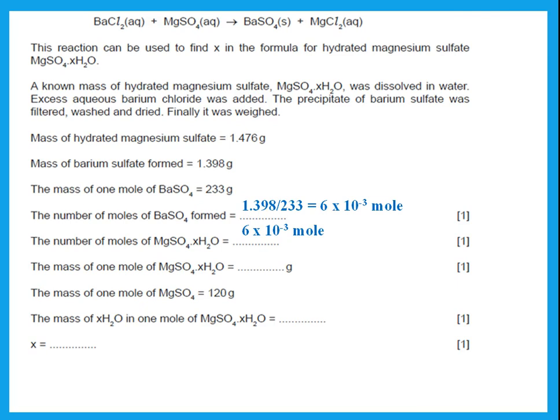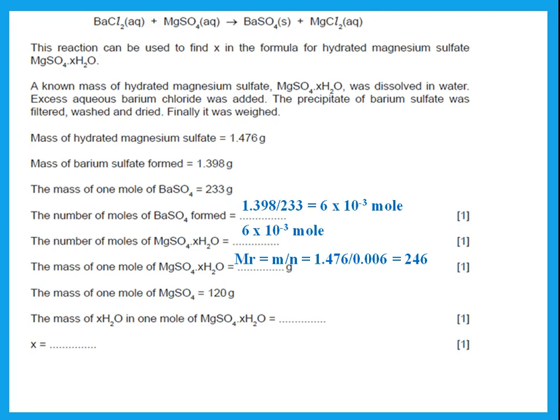Now, the mass of 1 mole of magnesium sulfate, the Mr. Usually the Mr of something I can add up from the masses of each element, but because I don't know what X is, I cannot do that from the periodic table. So I have to use the other equation that says number of moles is mass over molecular mass. I want molecular mass, so molecular mass will be the mass over the number of moles.